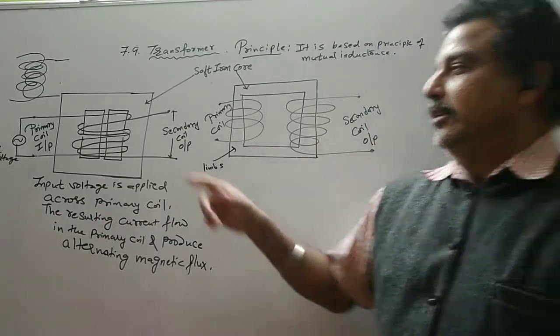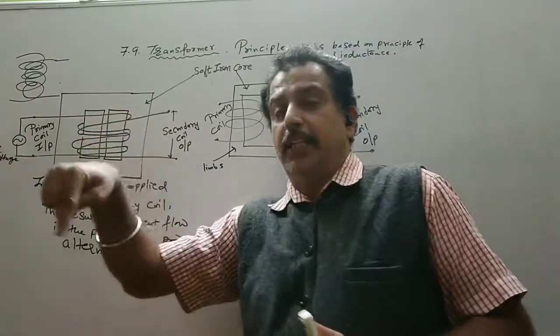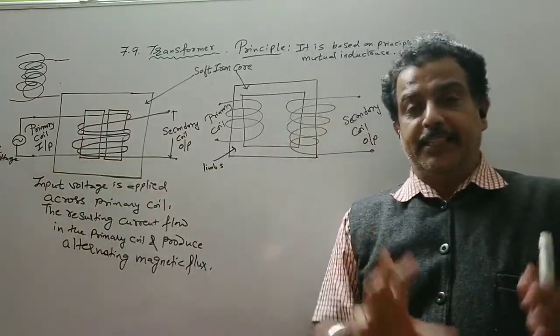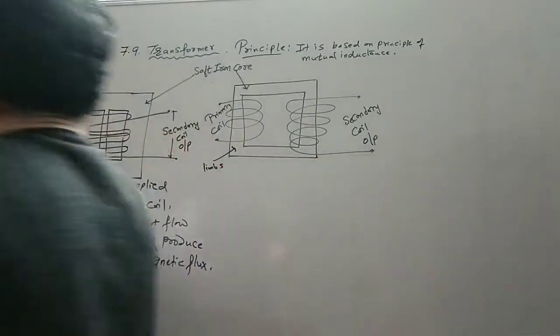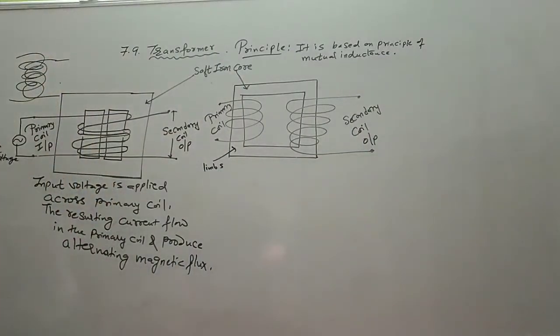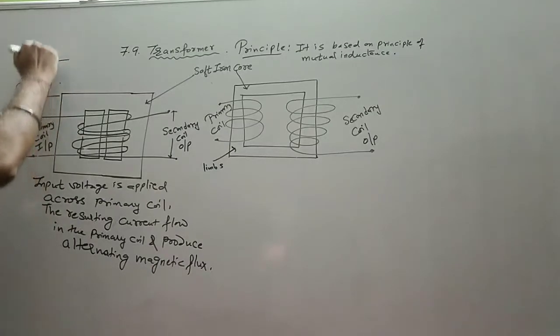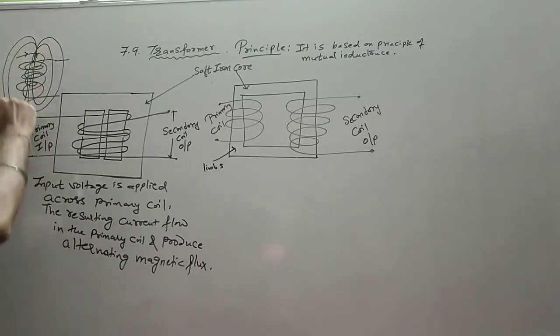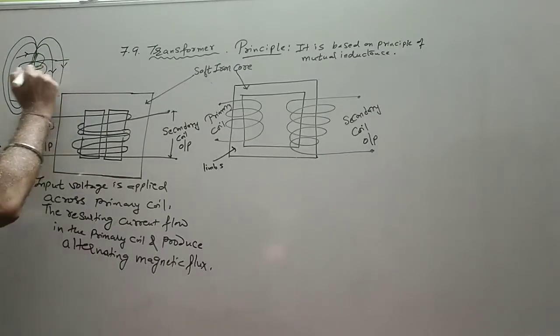Here the radius, or the area of the coil, is the same. So one coil is kept inside the other, or while constructing we have one turn of primary, then another turn of secondary. Now we know that when AC current is passed through this coil, it will generate a magnetic field. Now this magnetic field at any instant, suppose, has this direction.